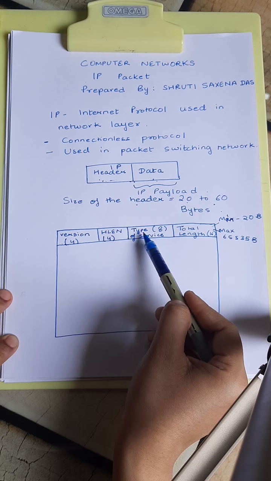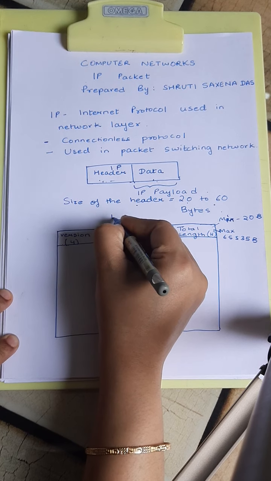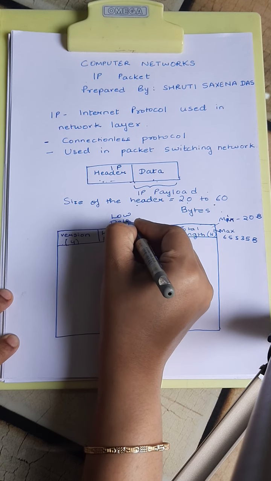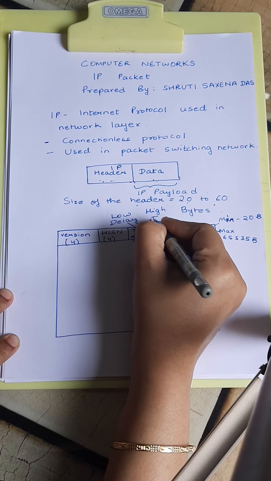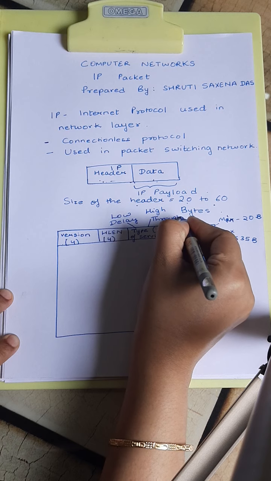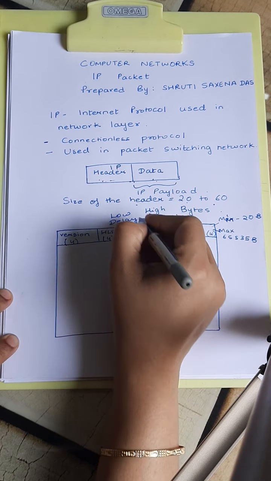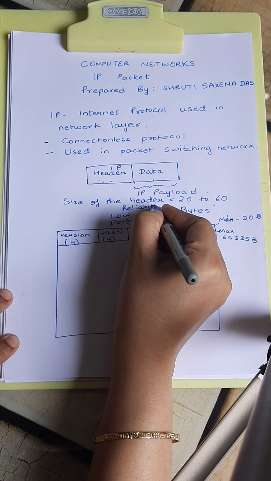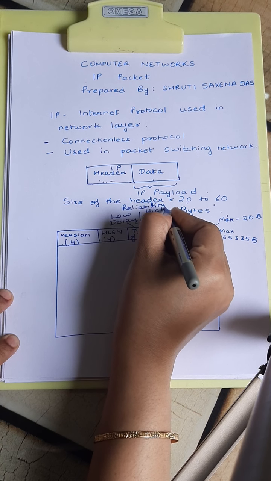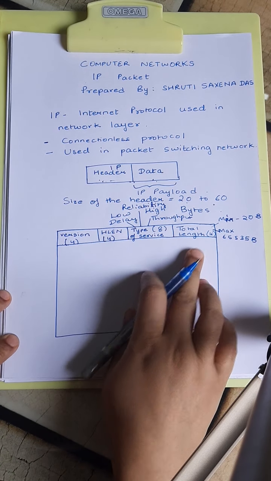Type of service means which type of service we are using: low delay, high throughput, or reliability. Then the next field is total length.